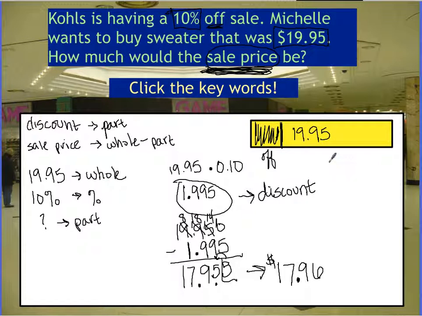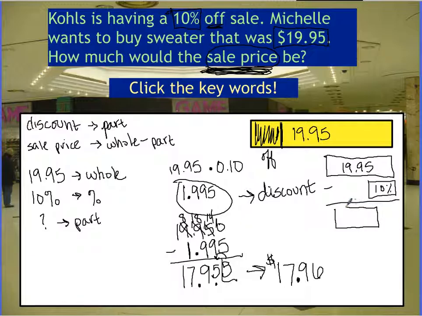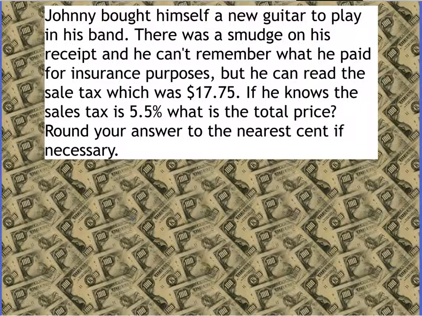So what we did was we took $19.95 and we subtracted whatever that 10% was, and then we found out that it was the $17.96. So hopefully that's helping us make a little sense of what's happening here in terms of percentages and discounts.